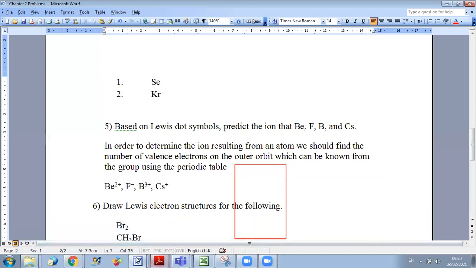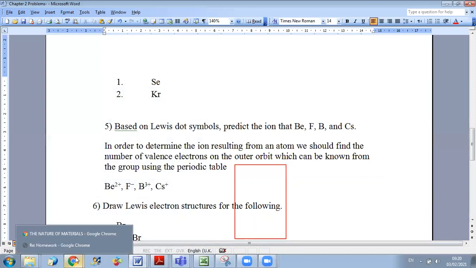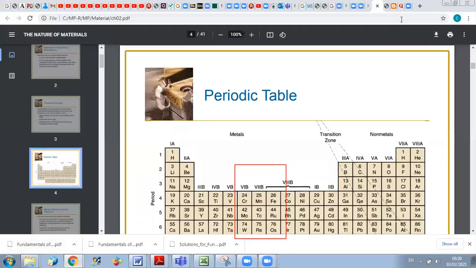So if we look at our periodic table here, Be is here. It's group 2A. So it's a metal.